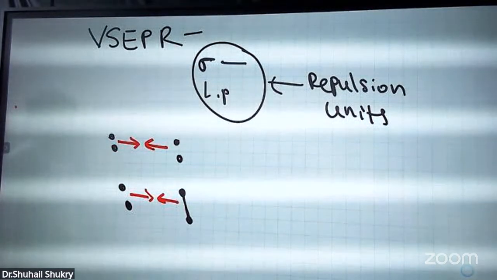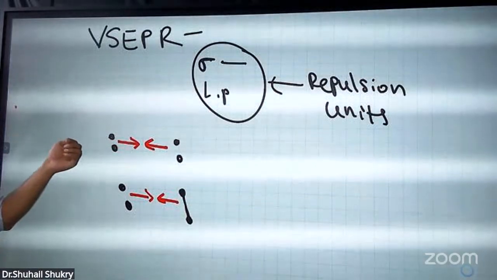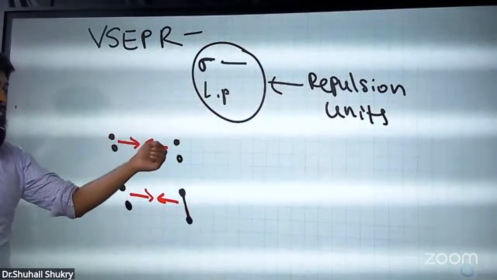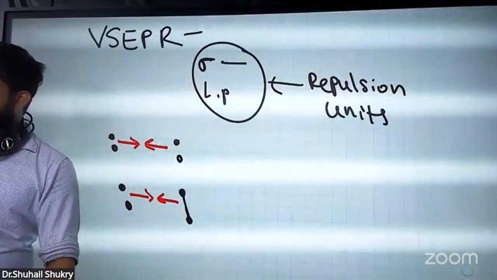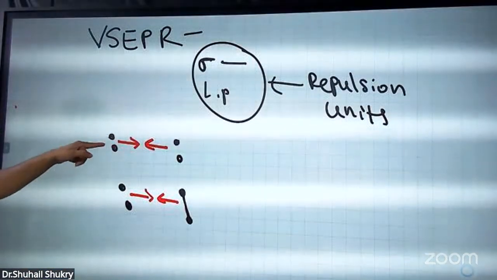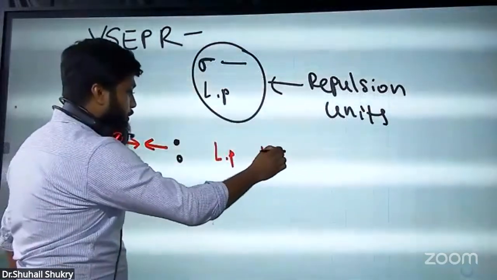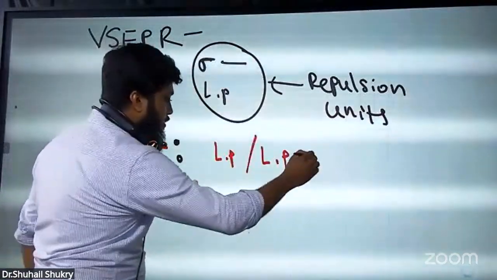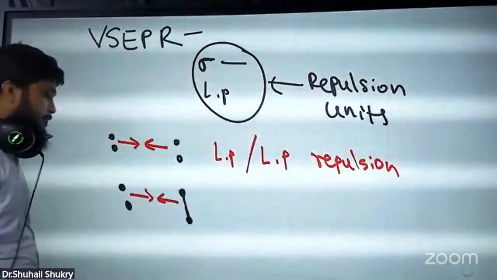According to Newton's third law, every action has an equal and opposite reaction, because this will push this, and that's why this will push this. So the same force they both will have. We call this one lone pair and lone pair repulsion.